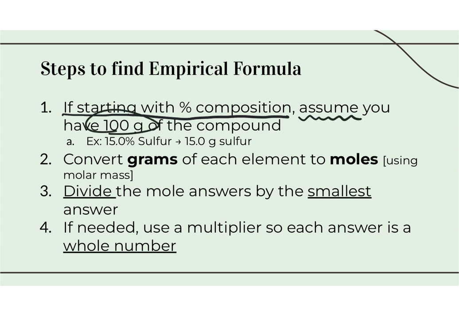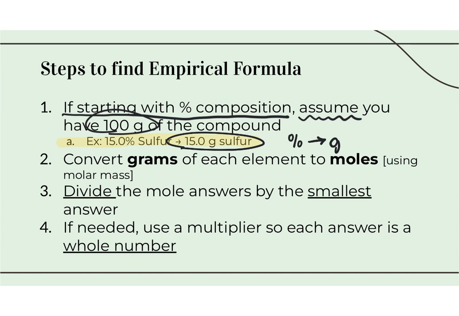So what that means, you can see that below here, is if I find in my percent composition that something is 15% sulfur, I'm going to assume that it's 15 grams of sulfur. So I'm literally just changing the percent to grams. That's all I'm doing there, okay?